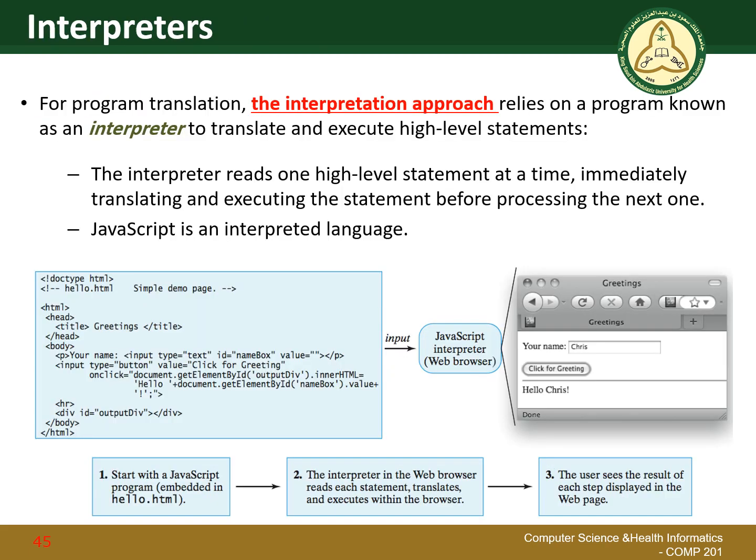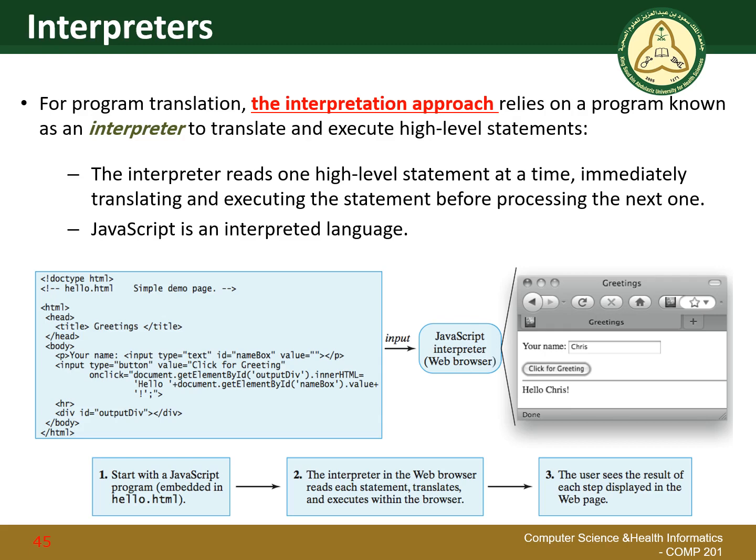For the interpretation approach in programming translation, we use interpreter tools to translate and execute high-level language statements. The interpreter will read a high-level language statement and immediately translate it, statement by statement, before processing the next one.